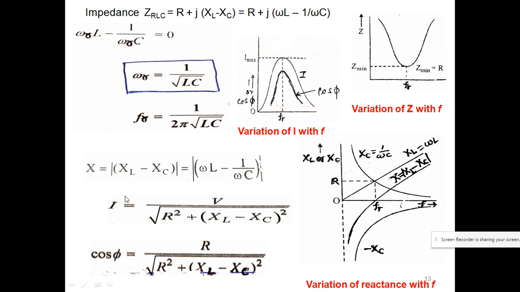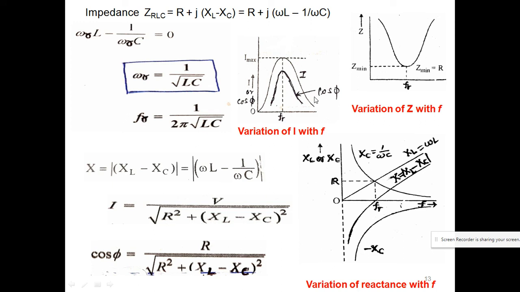Our current and our impedance are inversely proportional. The impedance starts high and decreases, is minimum at the resonant frequency, and after the resonance frequency, because this portion is increasing, the impedance increases again.